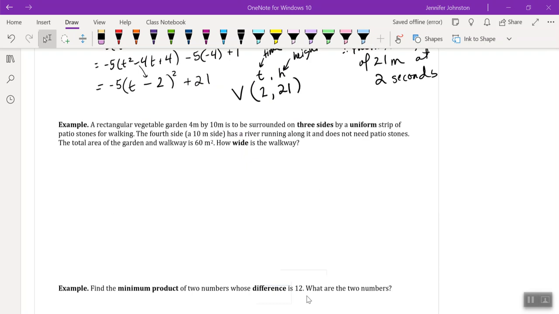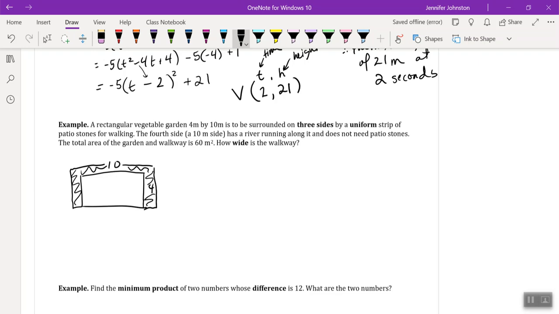Alright, here we have a rectangle vegetable garden. It's 4 by 10. It is to be surrounded on 3 sides with a uniform strip. Okay, so 3 sides. Let's just do this side, and this side. So this is like that uniform strip that's happening here.